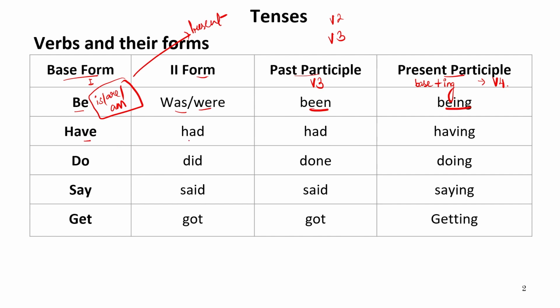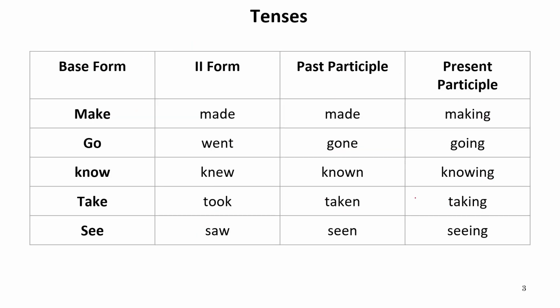Have, second form had, third form had, and present participle, that is verb fourth form, is having. Do, second form is did, then third, done, then doing. Similarly for say, said, saying. Get, got, getting. Now make, we have made and made, then making.